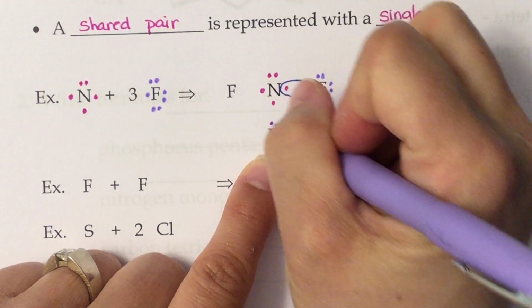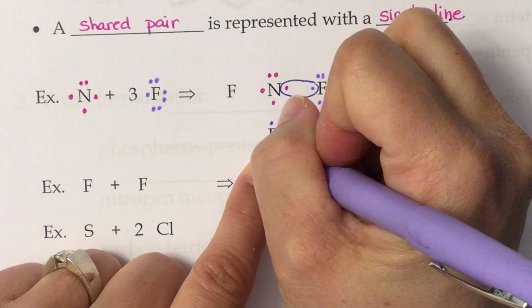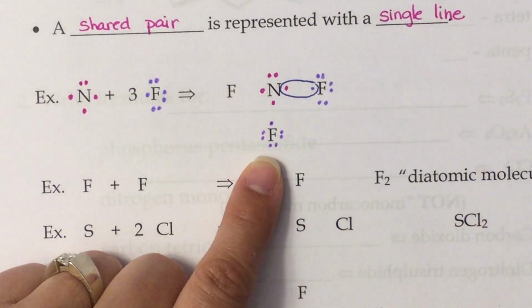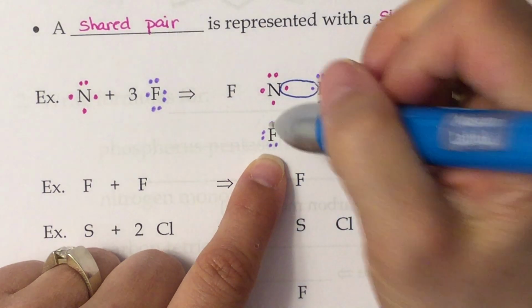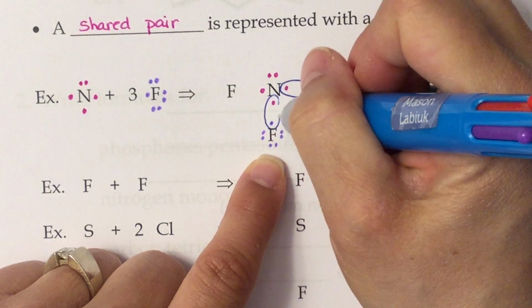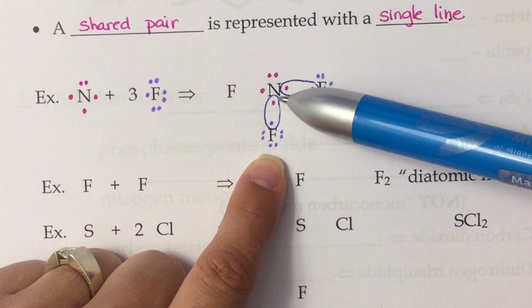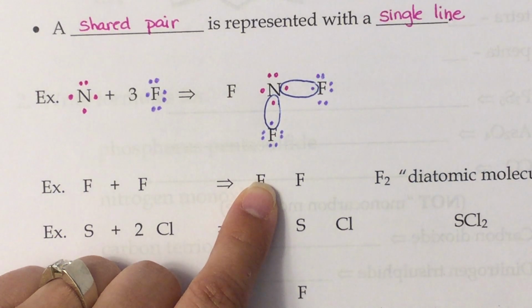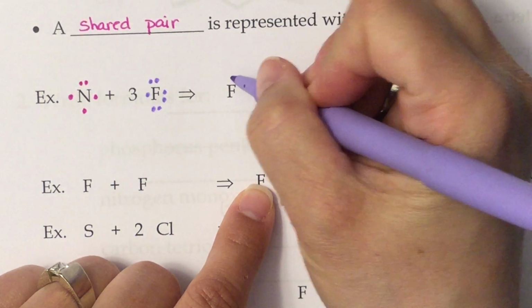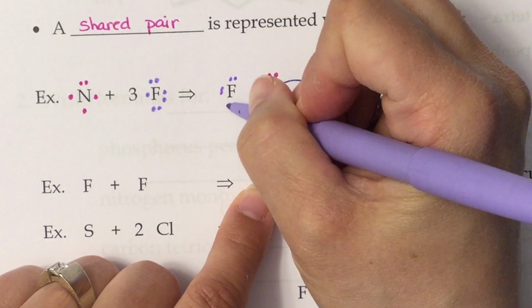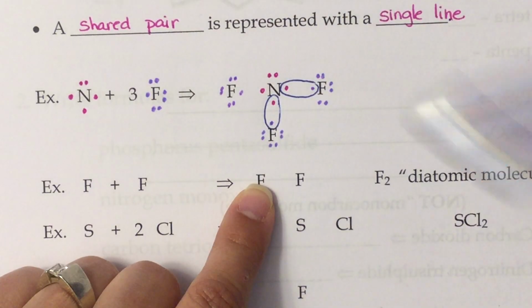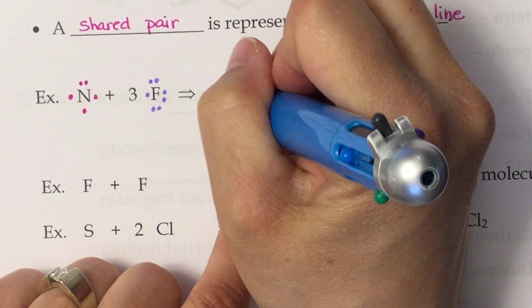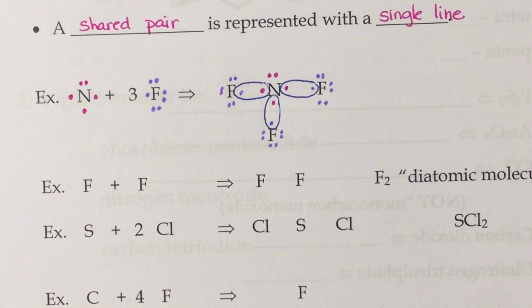I'm going to put my lone one there to make drawing this easier. So 7 valence electrons, and nitrogen, that electron and that electron are going to be shared, and the same thing with this 3rd fluorine. These 2 are going to be shared together.